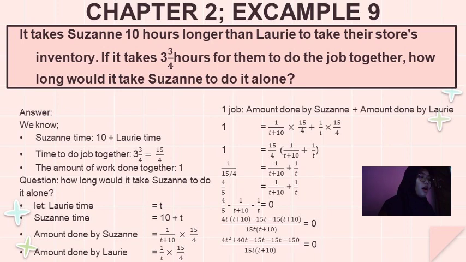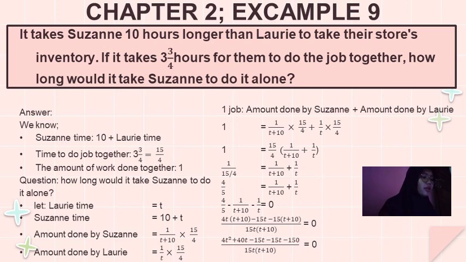One job equals amount done by Susanna plus amount done by Laurie. 1 equals 1 per (T plus 10) times 15/4 plus 1 per T times 15/4. 1 equals 15/4 times (1 per (T plus 10) plus 1 per T).